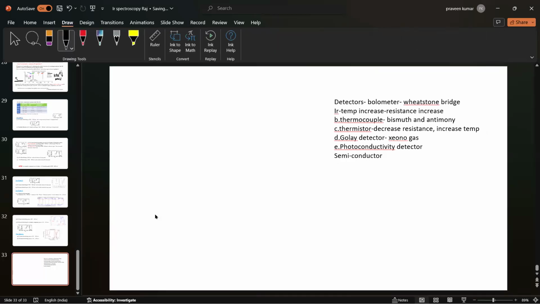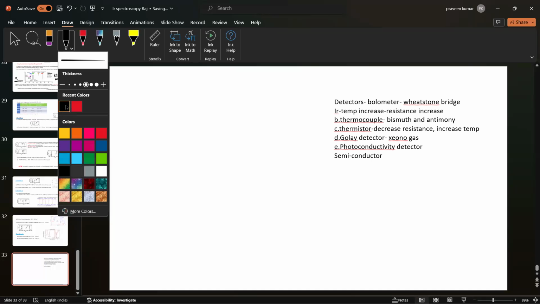Also, due to hydrogen bonding, there is a shift of the wavelength towards the lower end. You also have to remember the stretching frequencies of the different groups. Do you know the stretching frequency of the CHO, the aldehyde group?